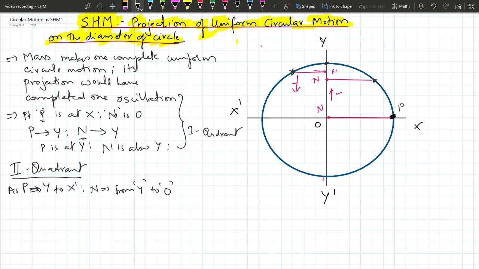Exactly as P is at X dash, N will be at the origin. So it comes back to the origin. Got it? After that, what happens? It is entering into the third quadrant.